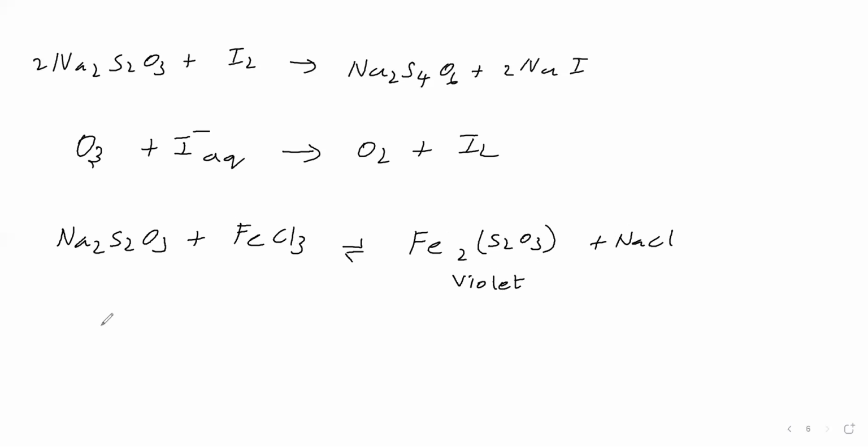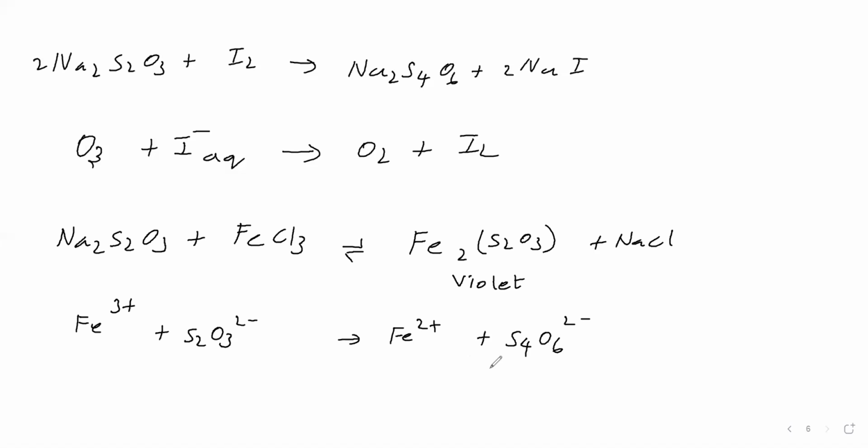Okay. In this ferric thiosulfate, ferric is undergoing reduction and becomes ferrous. Therefore, this violet color disappears. While the thiosulfate S2O3 2 minus becoming tetrathionate S4O6 2 minus.